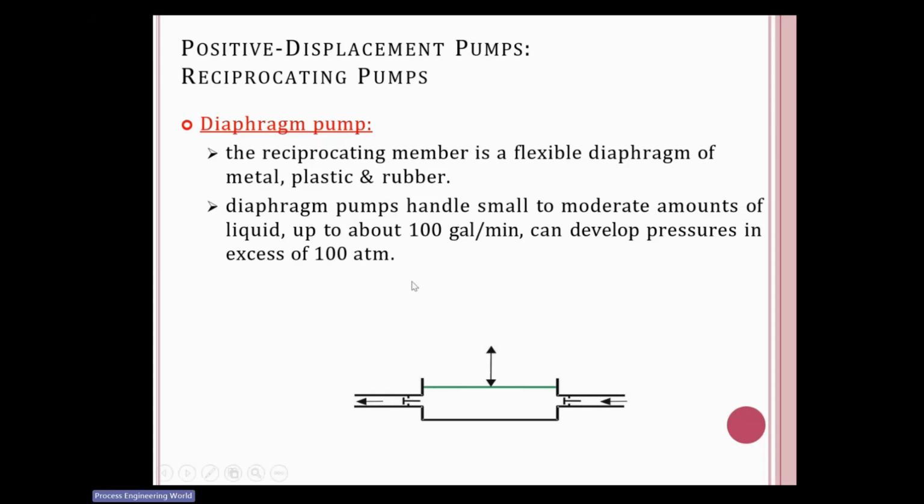So basically what we want to understand is that diaphragm pumps handle small to moderate amounts of liquid, up to about 100 gallons per minute. They can develop pressures in excess of 100 atmospheres. So this is how a diaphragm pump works.